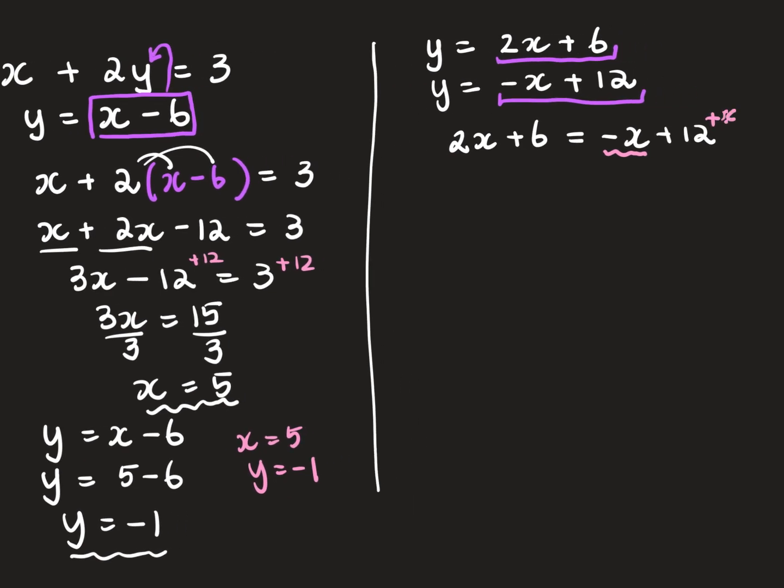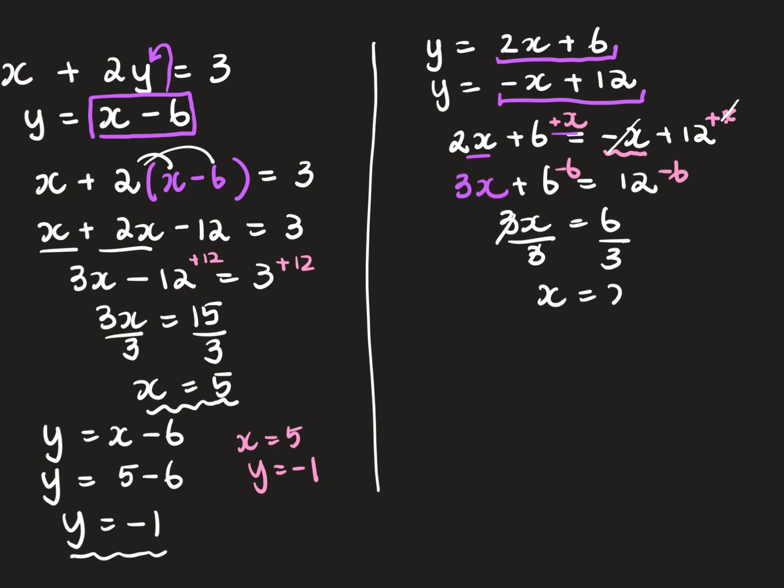Add x to both sides. Well, over here I've got 2x plus another x is going to be 3x plus 6 equals, well, there you go, 12. Take 6. 3x is equal to 6. Divide by 3, divide by 3. X is equal to 2.